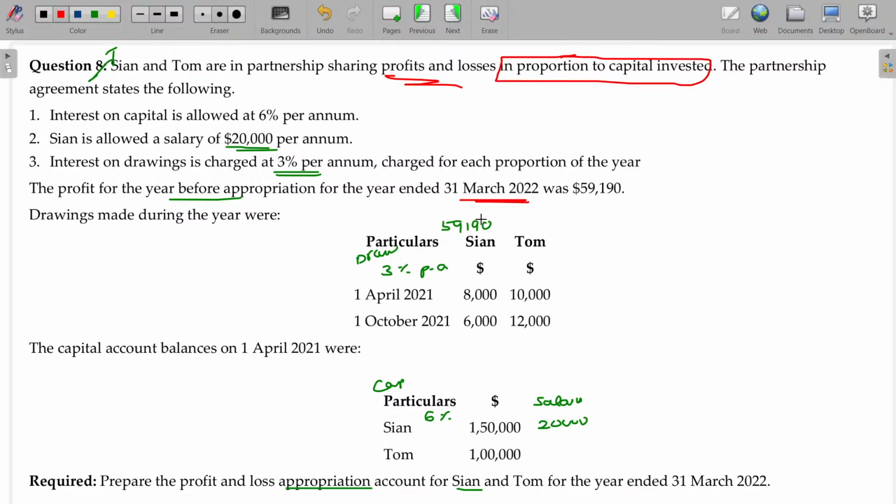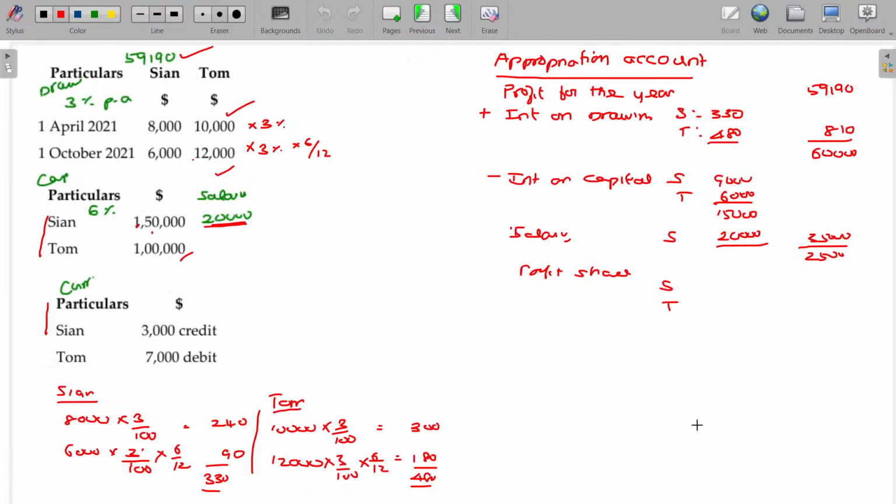The capital invested by the partners being 1,50,000 to 1,00,000, otherwise 15 to 10, or 3 to 2. 3 to 2 is the ratio. So this 25,000 will be shared in the ratio of 3 to 2. Sian will get 15,000 and Tom will get 10,000, totaling 25,000 rupees. Is that okay?